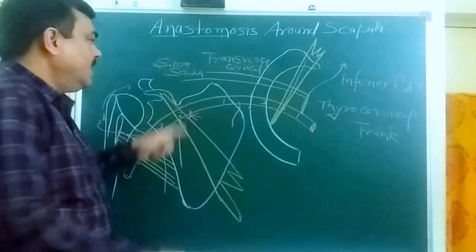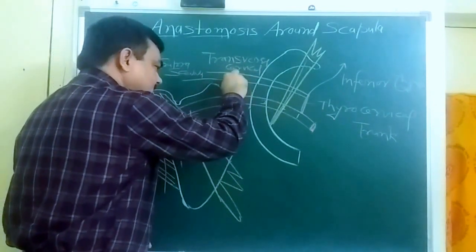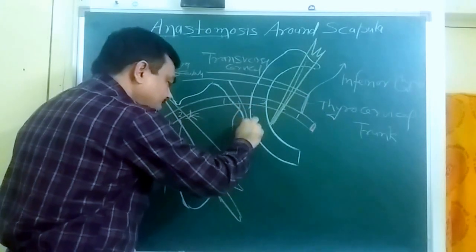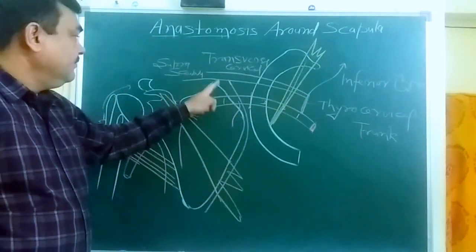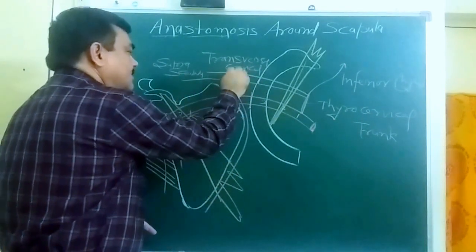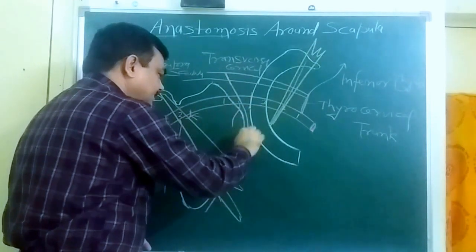The suprascapular artery gives a deep branch which runs along the medial border of the scapula. This is the deep branch of the transverse cervical artery.